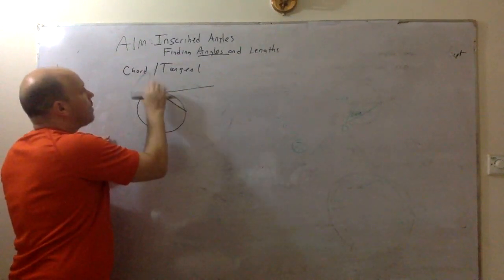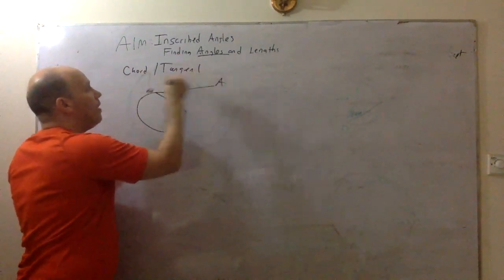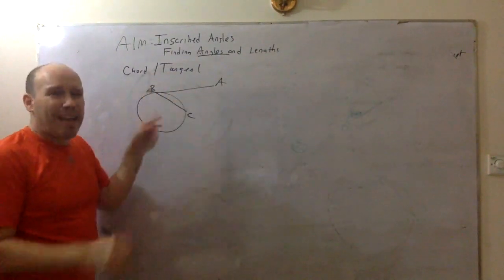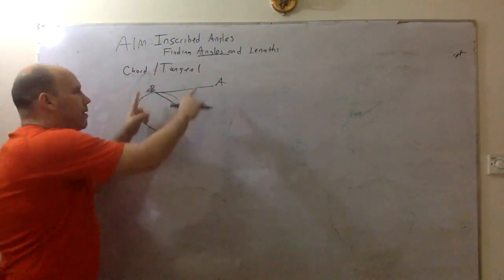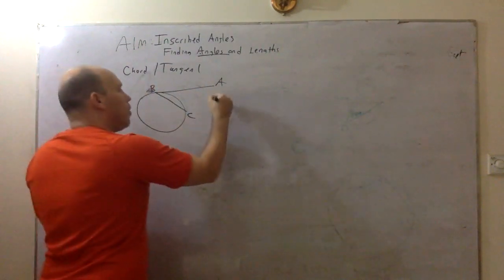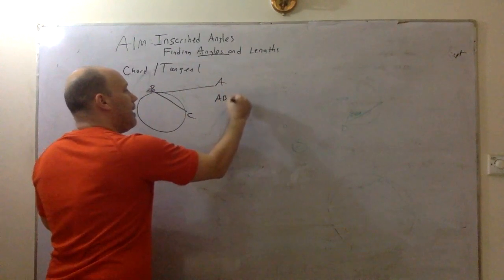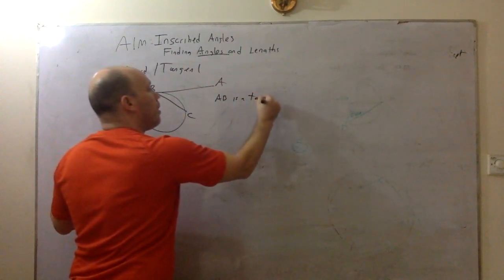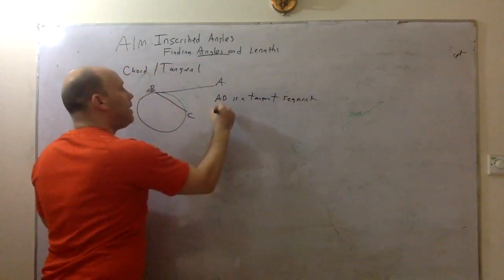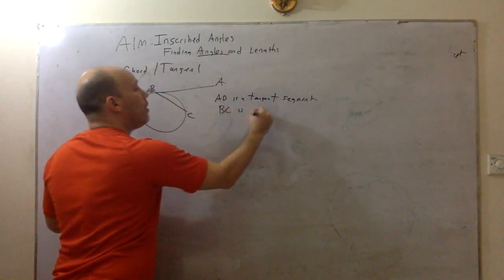So let's say we have A, B, C. This is a tangent segment. So AB is a tangent segment, and BC is any chord.